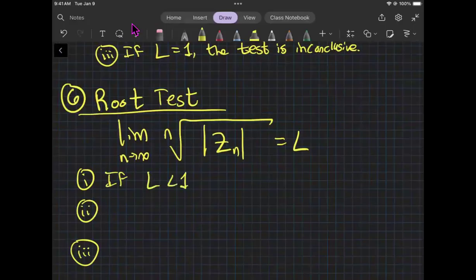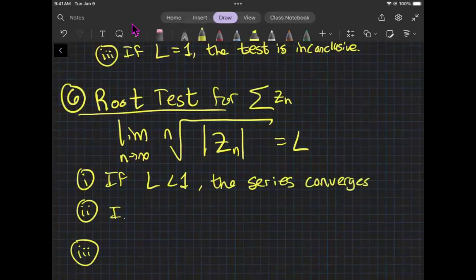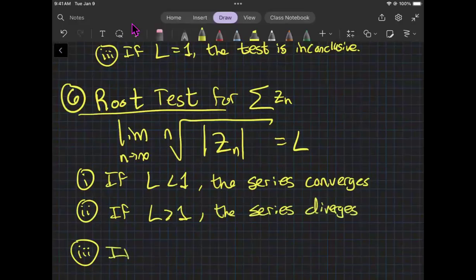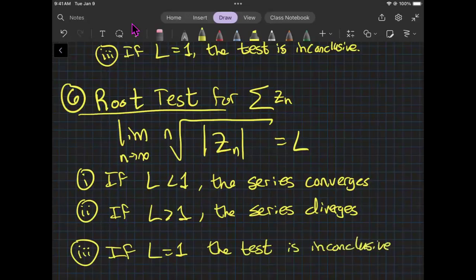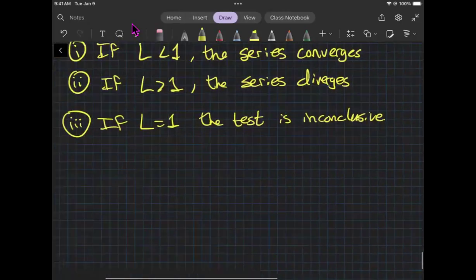If L is less than 1, the series converges. If L is bigger than 1, the series diverges. And if L equals 1, the test is inconclusive.